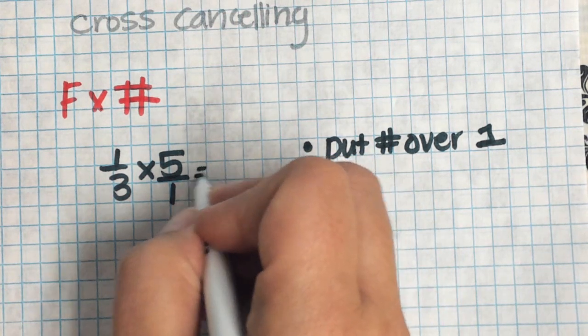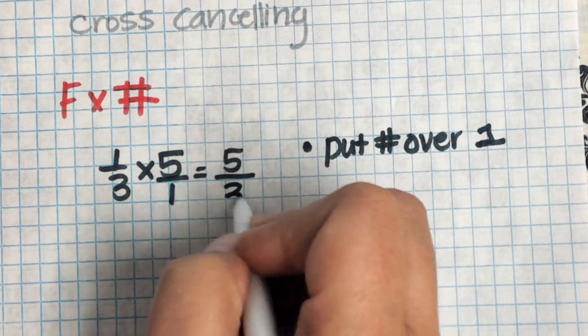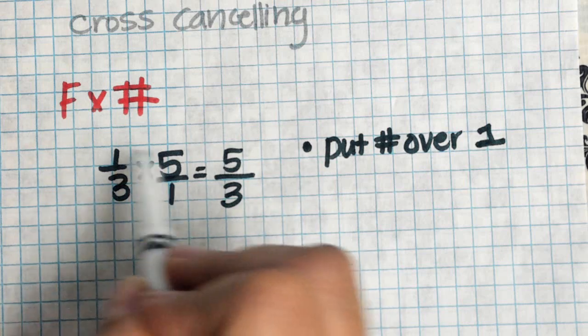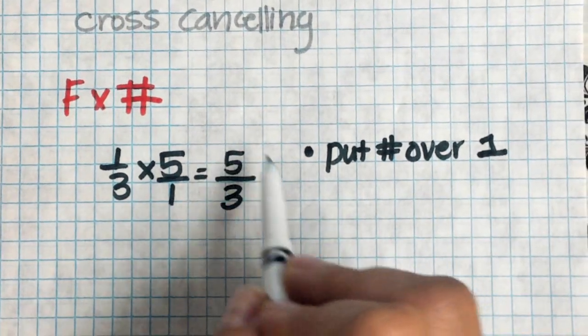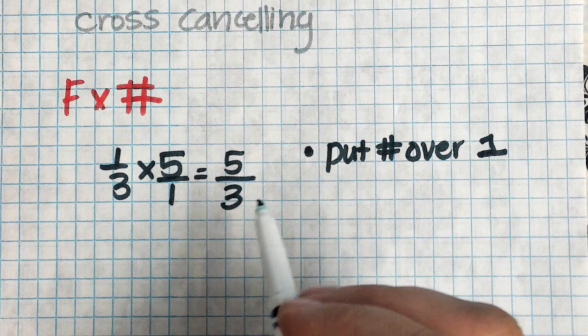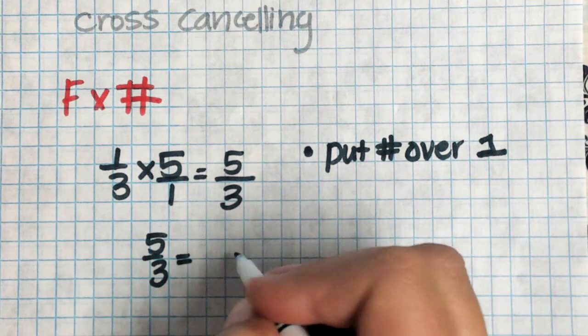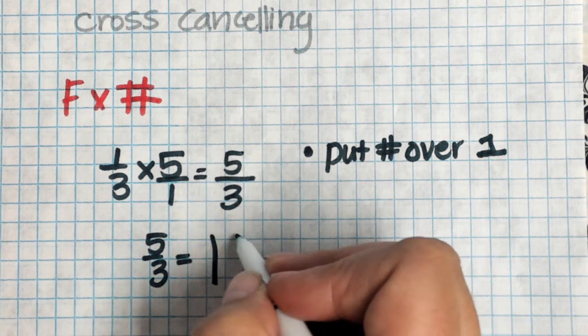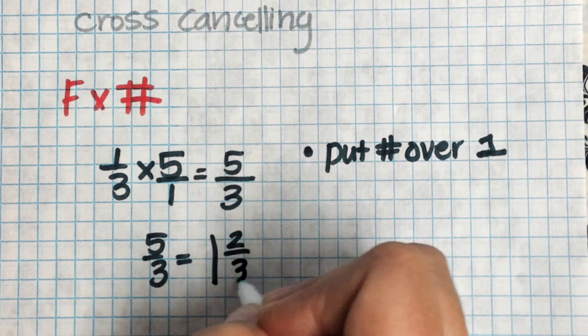So then, again, we multiply. 5 times 1 is 5. 3 times 1 is 3. There wasn't anything I could cross-cancel over here. I get to this point, and I have what kind of fraction? Improper. So 5/3. 3 will go into 5 one time. How many left over? 2 out of 3.